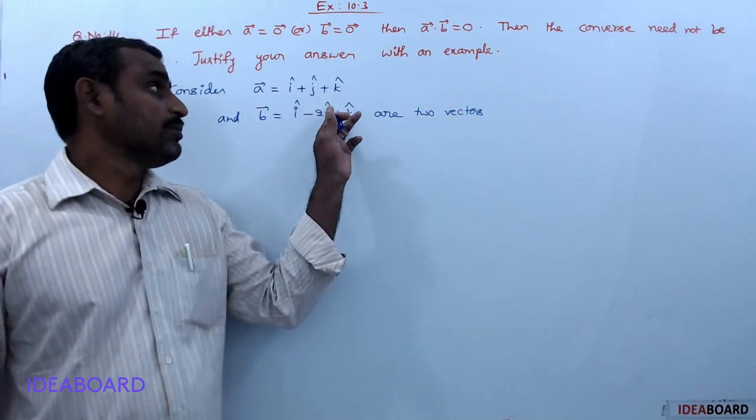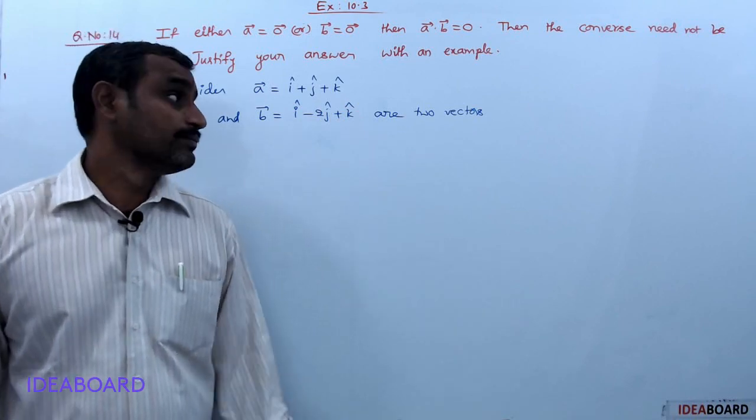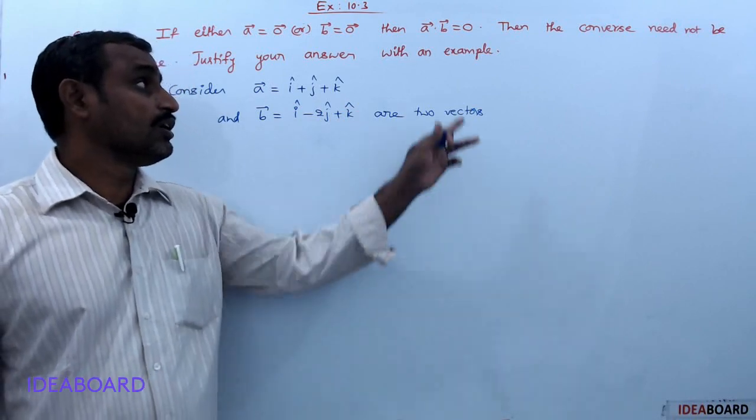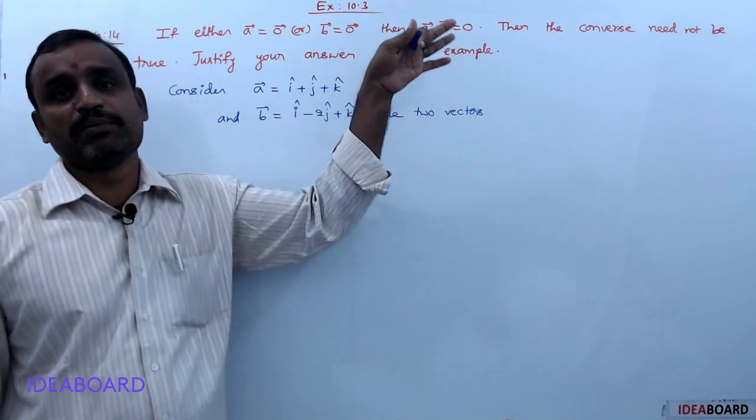A bar and B bar, these two vectors we are assuming. After that the dot product you can calculate, the dot product must be equal to 0.